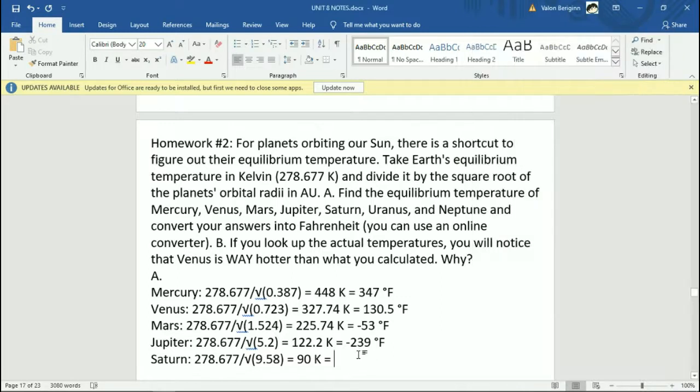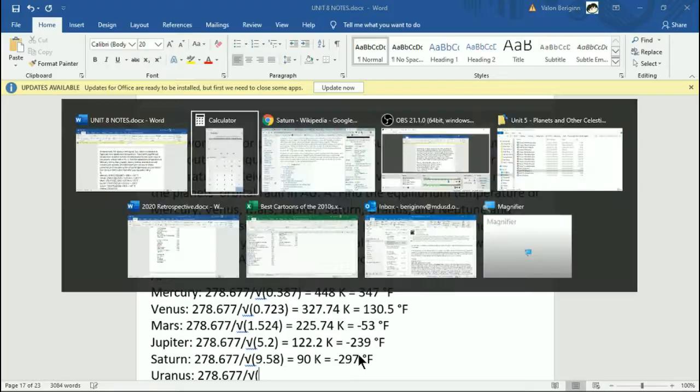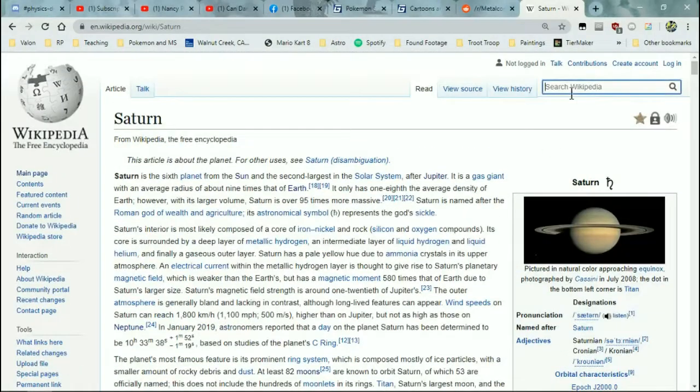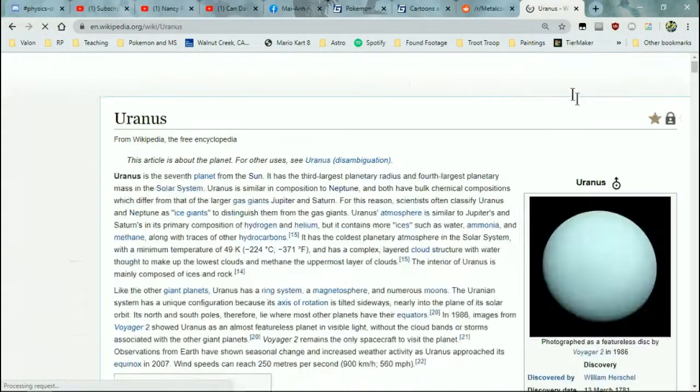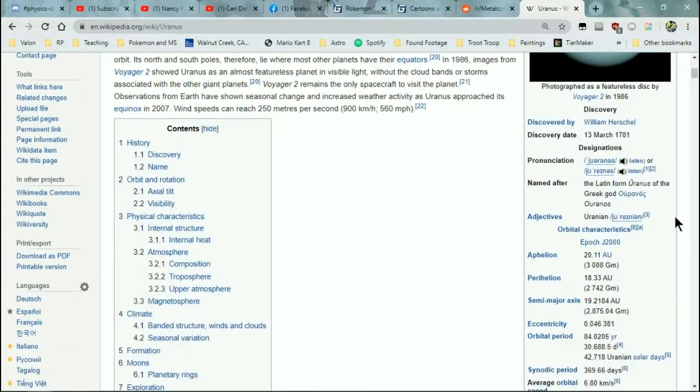Negative 297.8, minus 8.677. Where are we at?